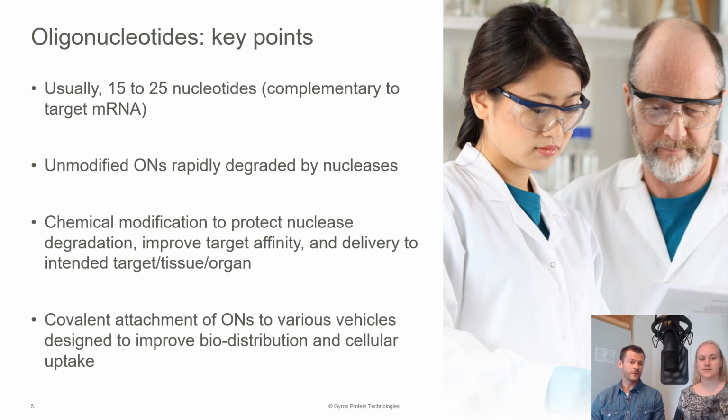Yes, and to combat this, there are several chemical modifications that can be done, both to protect from nucleases and also improve target affinity and delivery to target organs. And also covalent attachments such as GalNAc is a common example, which would help with biodistribution and cellular uptake.